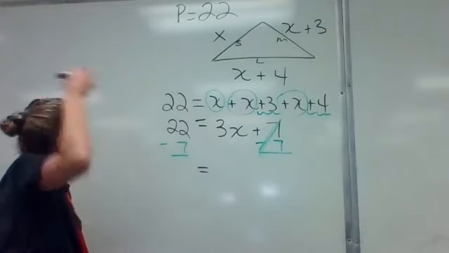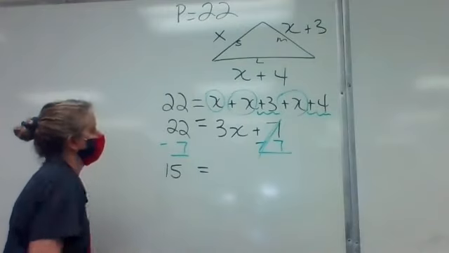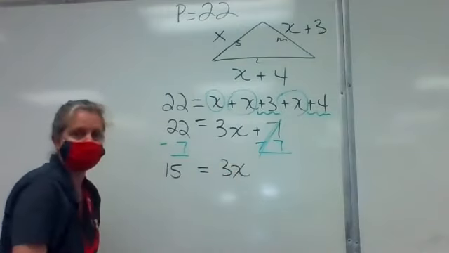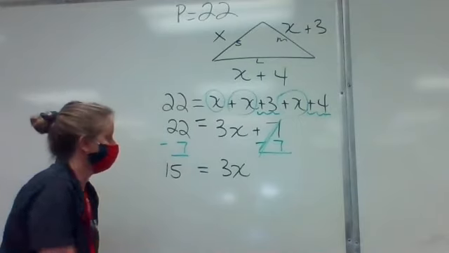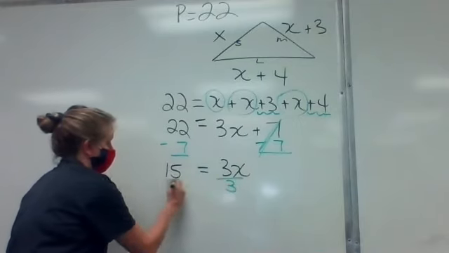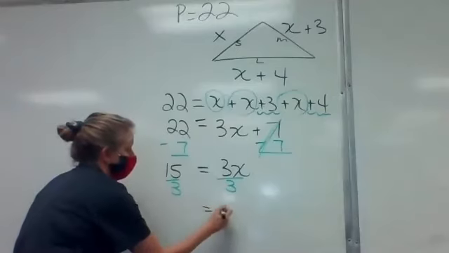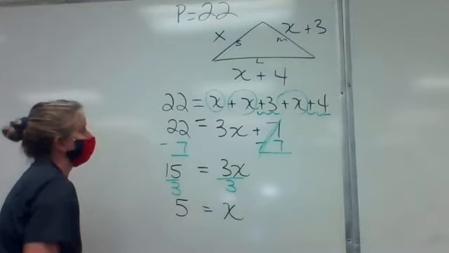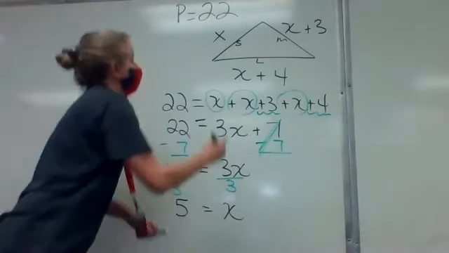Let's see, what is that? 22 minus 7 gives me 15. Drop down my 3x. And divide by 3. So now I know that x equals 15 divided by 3, which is 5.